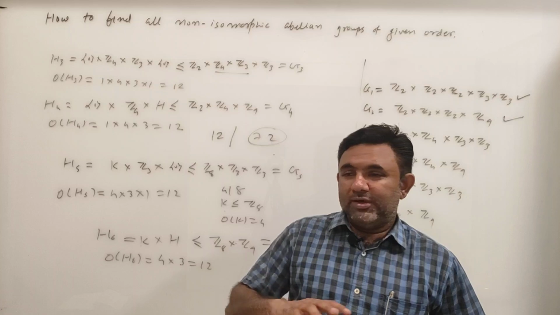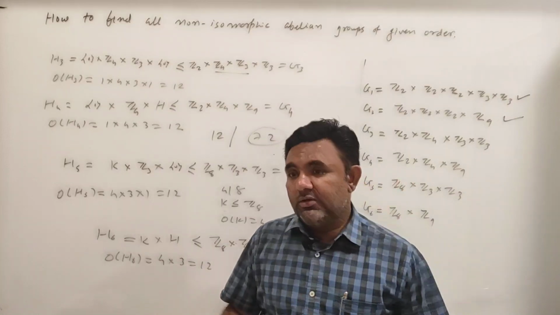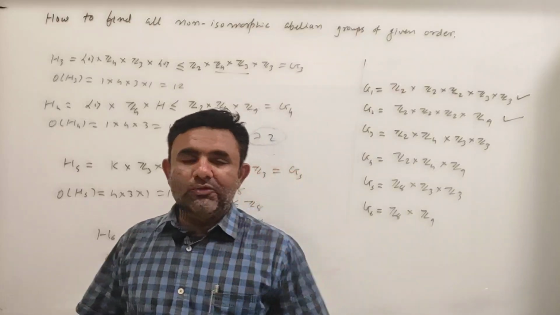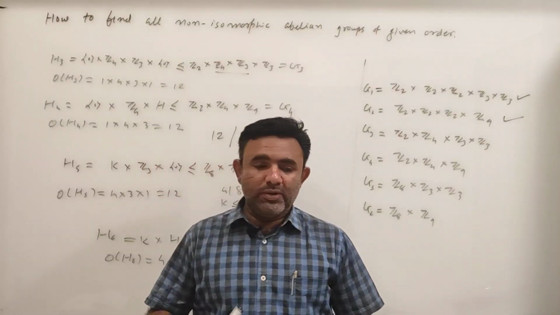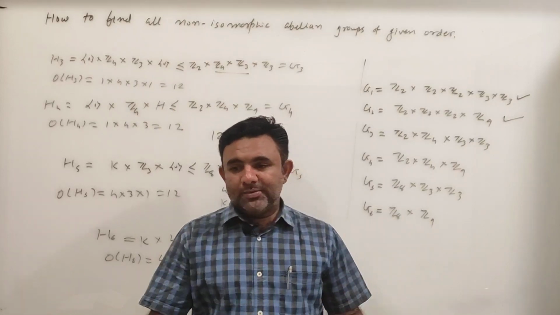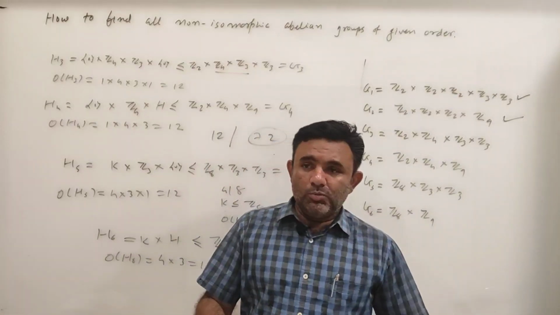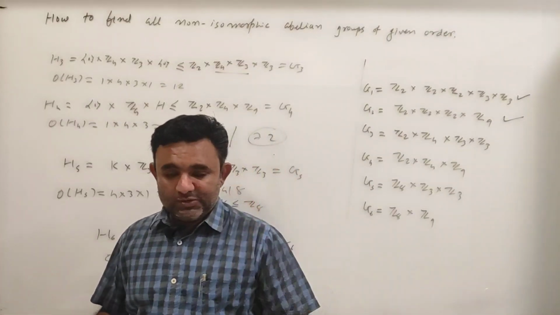Okay, so if I summarize all this discussion of this lecture, then if you have any finite abelian group, then it can be expressed as external direct product of cyclic group of prime power order. That is first thing.